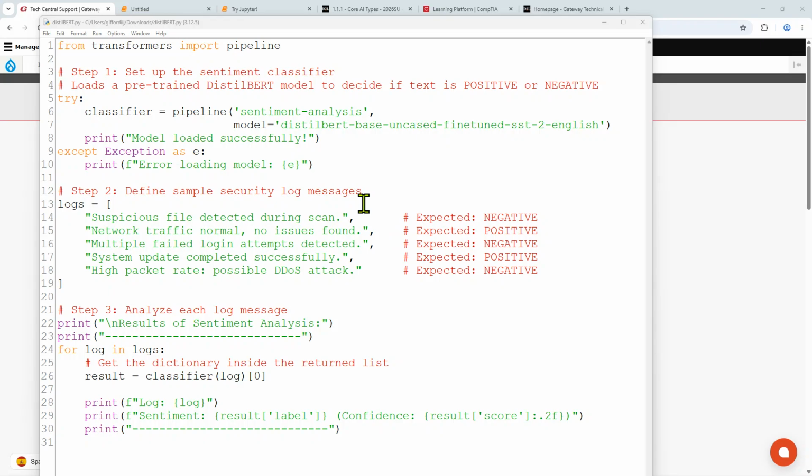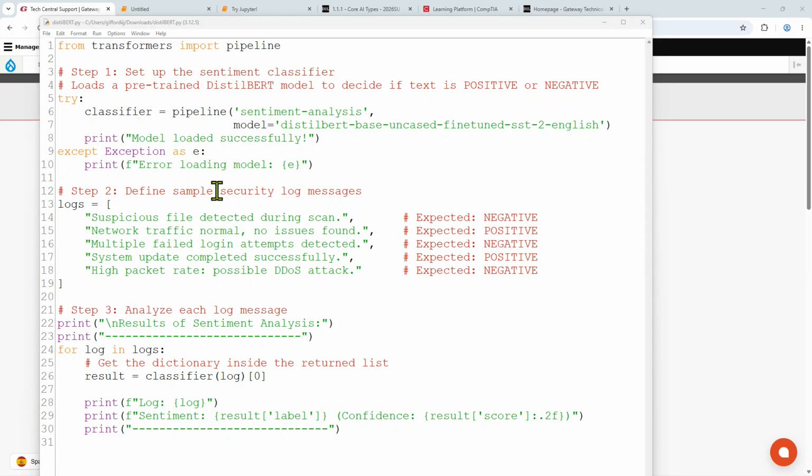Now, if it's happening at an odd time or something, that may not be so positive. But again, we're just looking at the text message here and not any other context around this. And then high packet rate, possible distributed denial of service attack. I would say that would definitely be negative. Then I have it go through and print out how the DistilBERT model classified each of these strings of text.